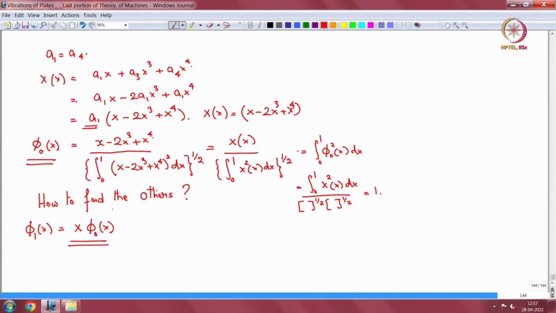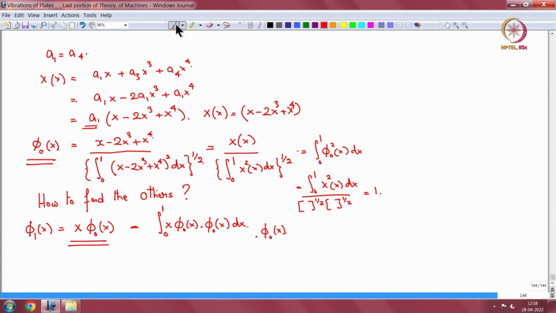In order to find the one without phi 0, what I do is I subtract from here integral 0 to 1 x phi 0 of x, the component of phi 0 of x in it, dx, into phi 0 of x. No need to divide anything.